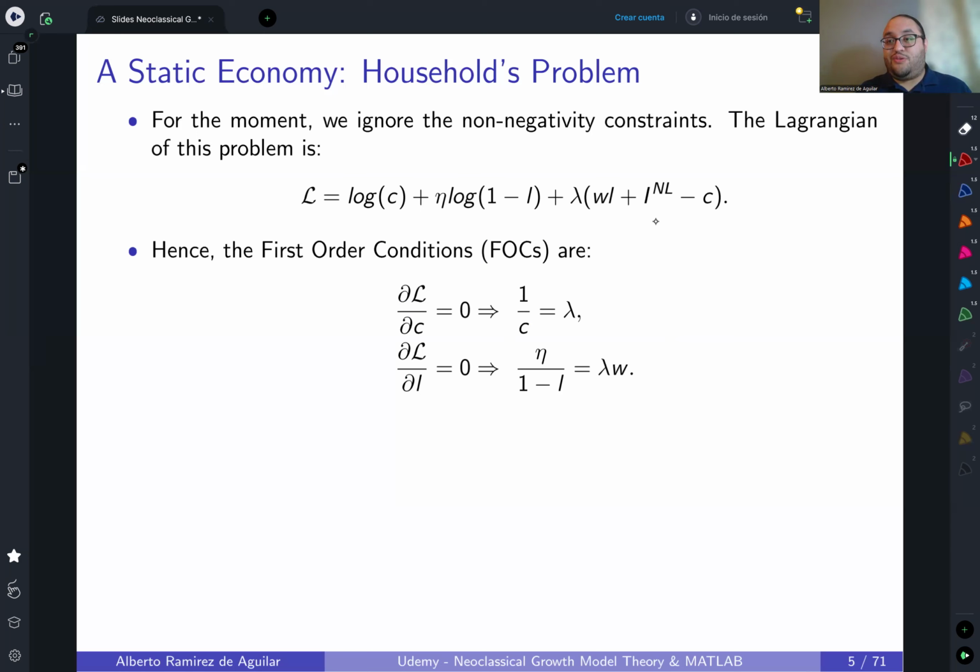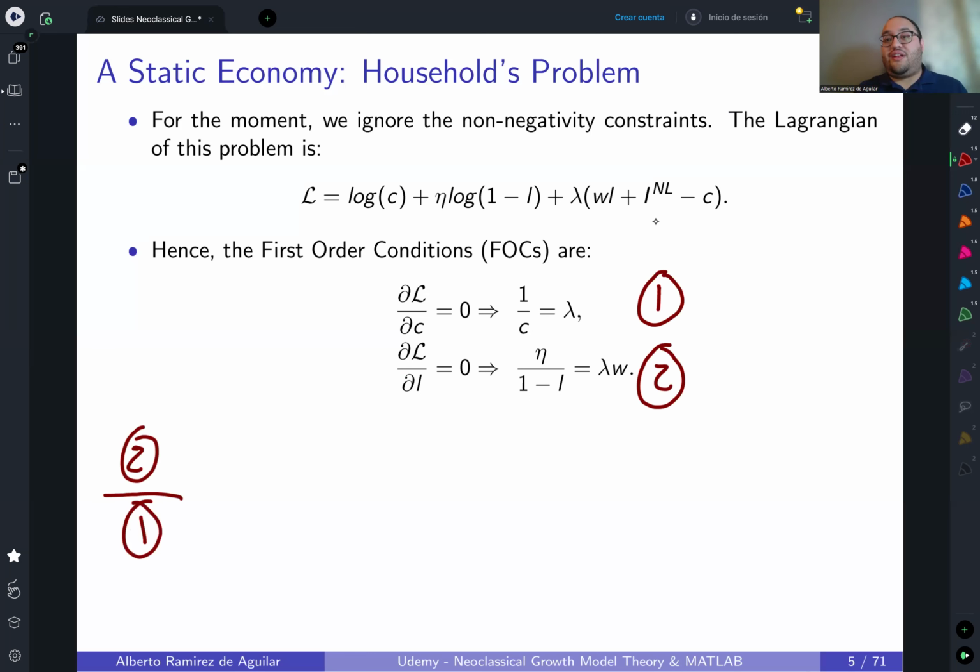So in order to get rid of lambda, which is the Lagrange multiplier, and in general is something that we're not looking for, sorry, we're going to divide these two equations. If I call them 1 and 2, I'm going to divide 2 over 1.